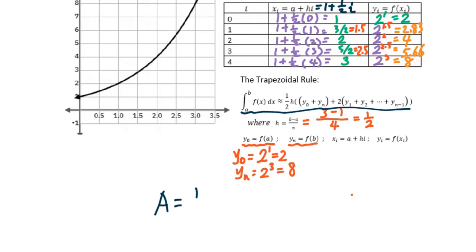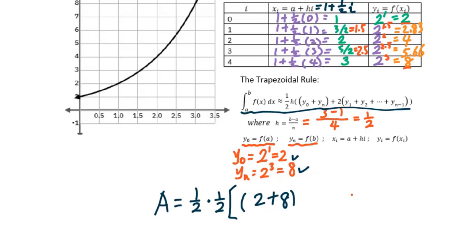So you get 1/2, h will be 1/2. Then y0 plus y sub n, we already figured these two out. It's 2 plus 8, or you can use this number 2, here's 8.